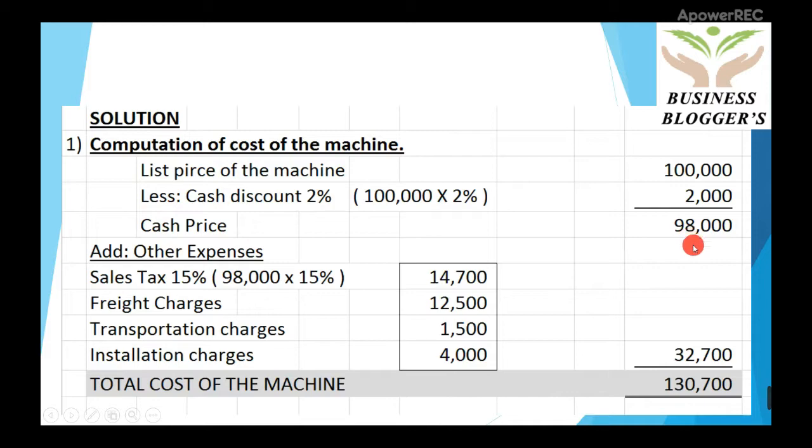And when we add 32,700 and 98,000, the cost of the machine will be 1,30,700 rupees. We will put this cost of the machine in our formula and find out the straight line method.